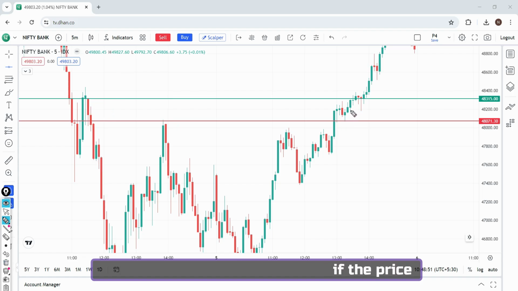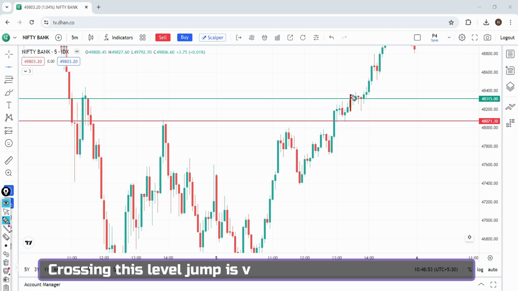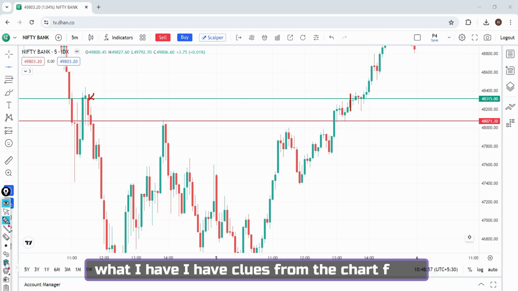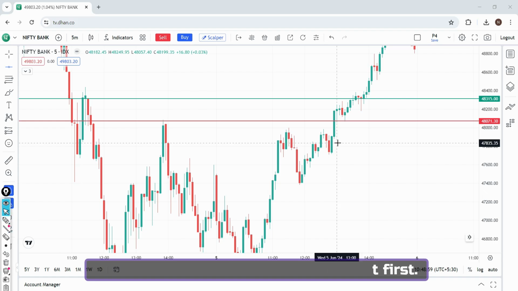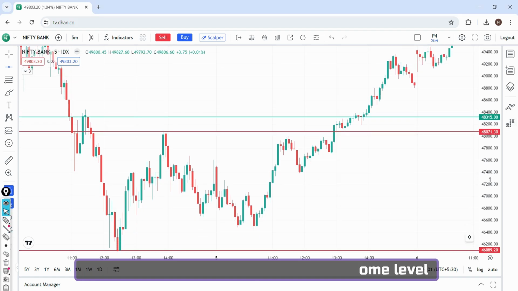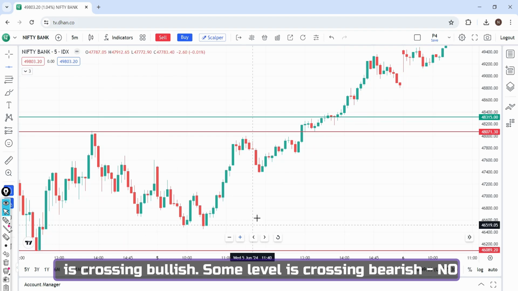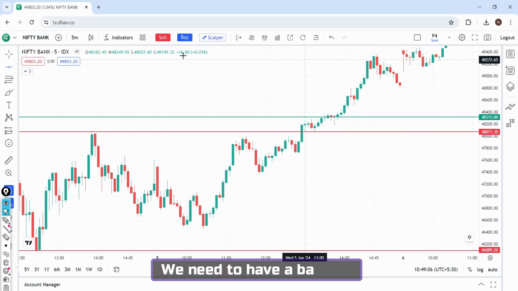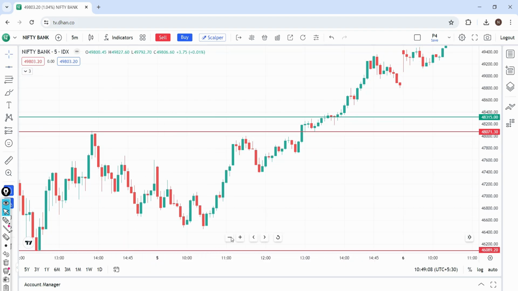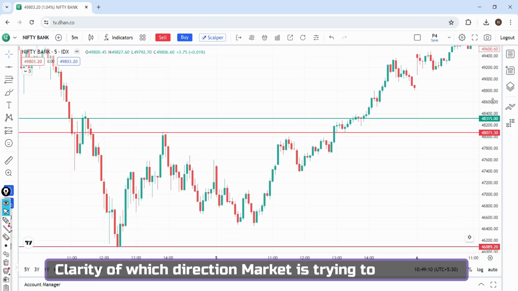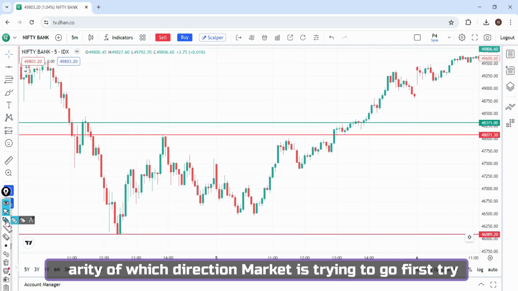So I was waiting to see if the price crosses this level, where bearish players were there, because of the clues I have from the chart. First we need to understand, just because some level is crossing bullish, some level is crossing bearish, no. We need to have a backup clarity of which direction the market is trying to go.